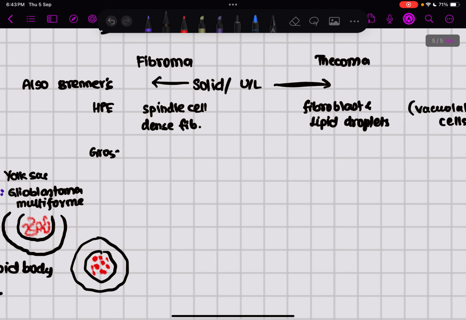Gross examination shows white for fibroma, here it's yellow, and the marker is vimentin. Here it is oil red O.